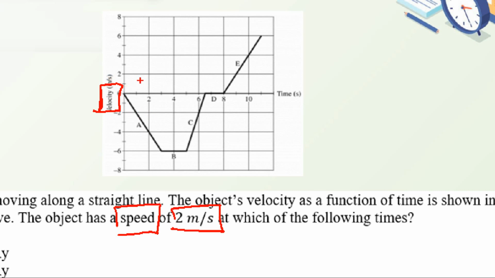Then that would be this horizontal line, and that would also be this horizontal line. Now here the velocity is -2, but its magnitude, which is the speed, is gonna be 2 meters per second.